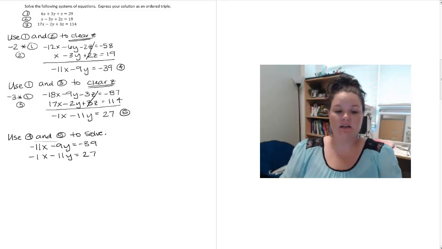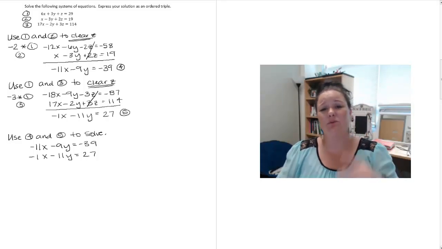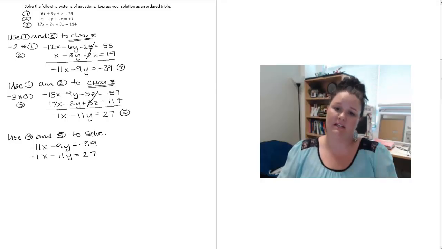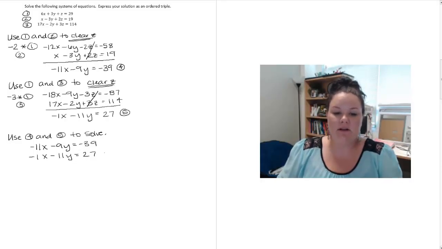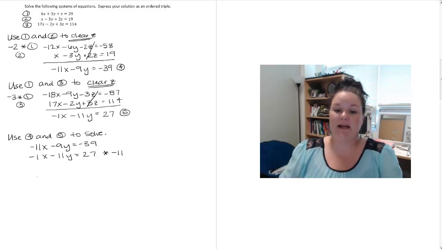Because our x's, I can easily just multiply one of them by something, right? And multiplying my second equation, my equation number 5, by negative 11 will help me to clear those. If I was going to clear y, I would have to multiply both equations by something to make those y's opposite. So I'm going to go ahead and just over here to the side multiply equation number 5 by negative 11.